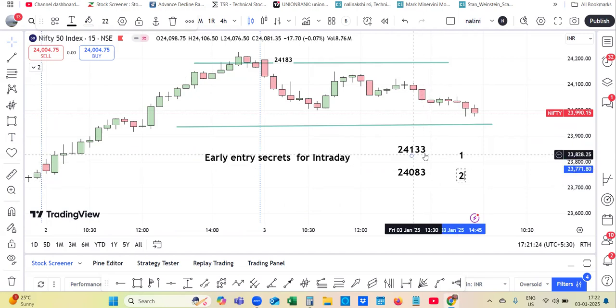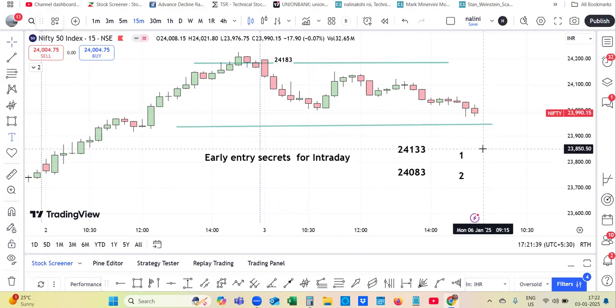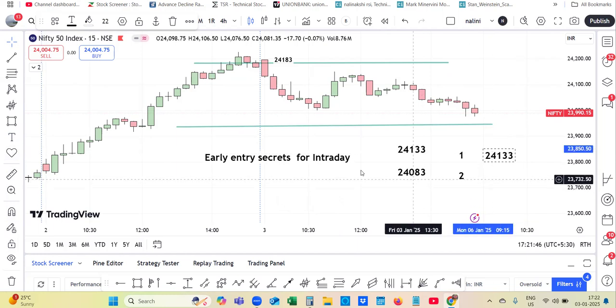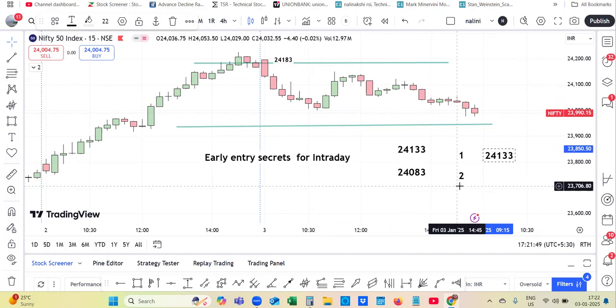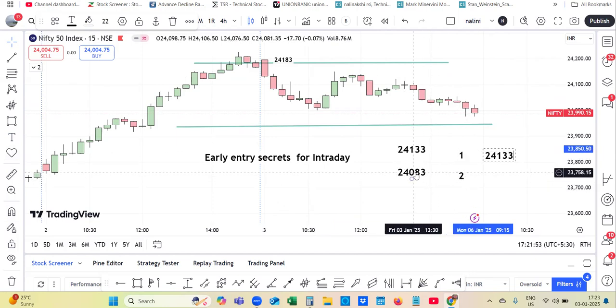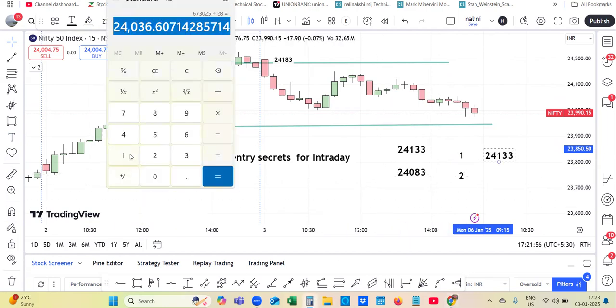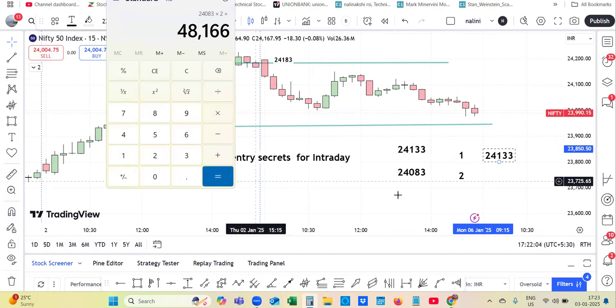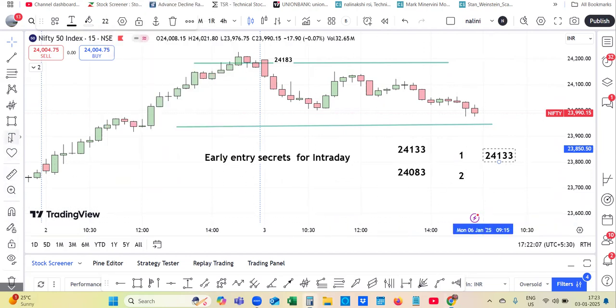What I'm doing is multiplying each close by its weight. 24,133 into 1 gives me the same value, 24,133. For the next candle, 24,083 into 2 gives me 48,166.